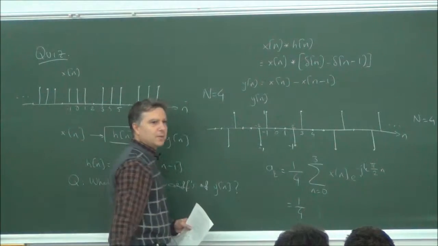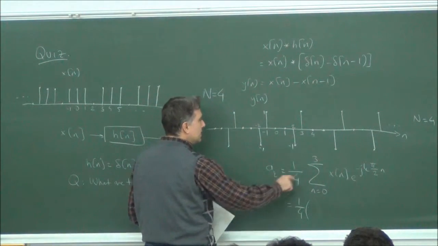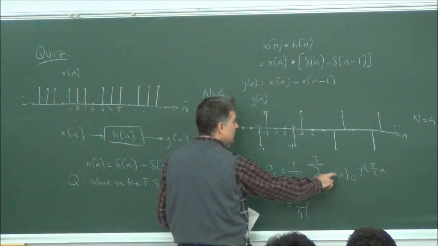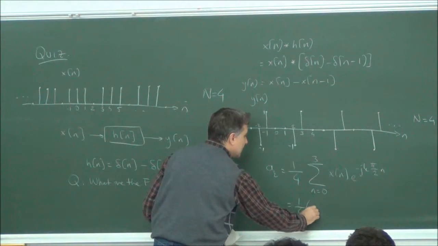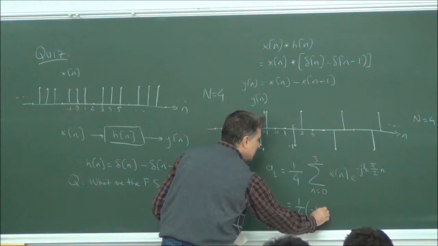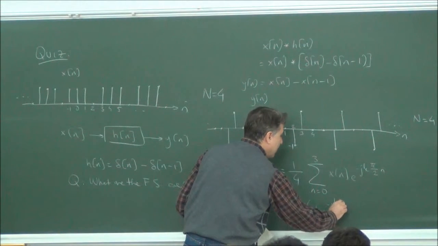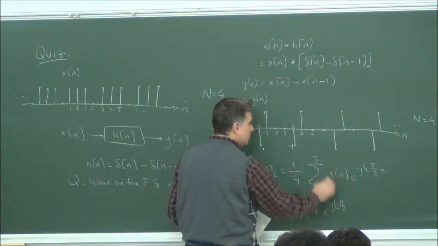We have only 2 sample values, at n equal to 2 and n equal to 3. At n equal to 2, x[n] is equal to minus 1. So it is minus 1 times e to the minus j k pi over 2, times n equal to 2.